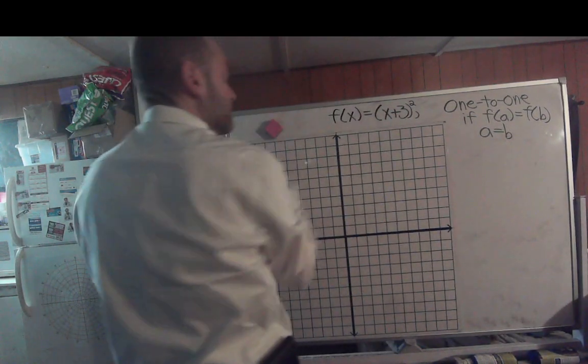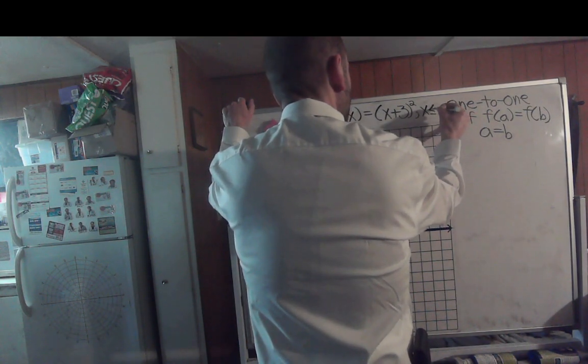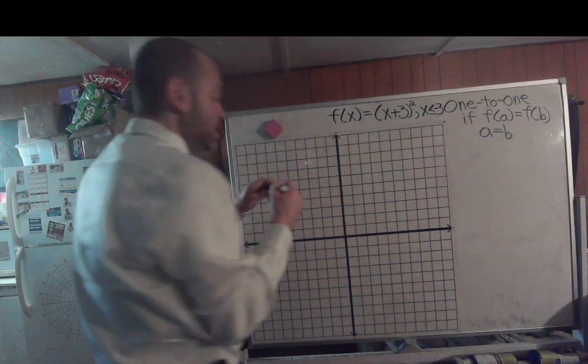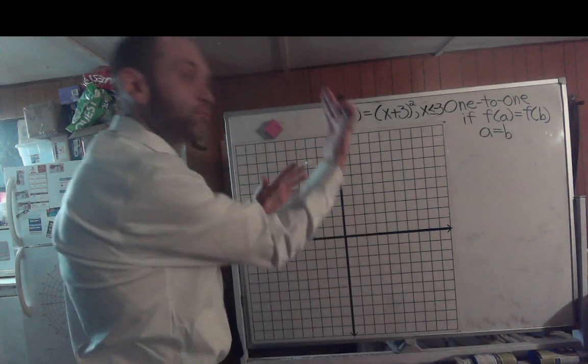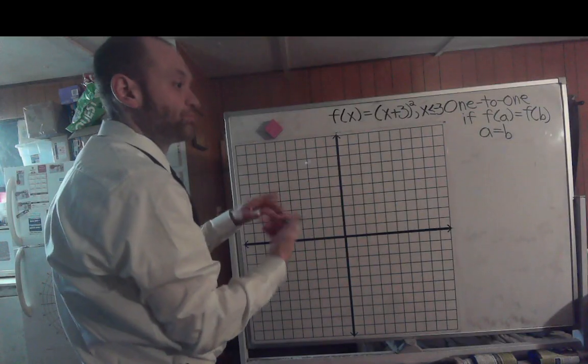Now, let's say this time here I did x was less than or equal to -3. So now I'm just taking the left branch of the parabola.